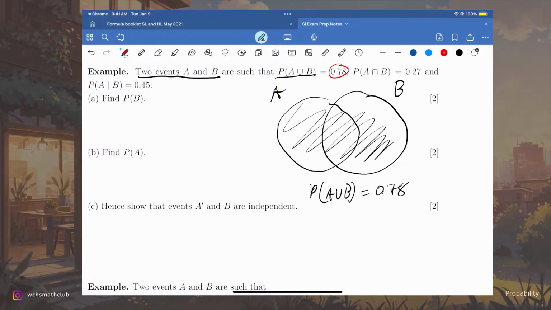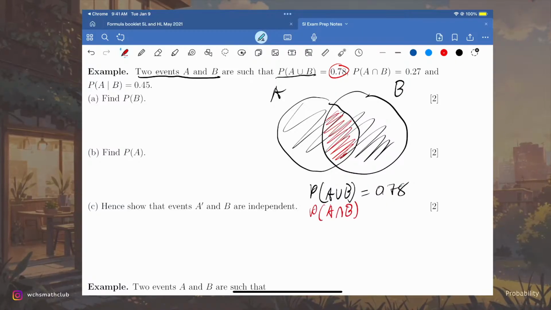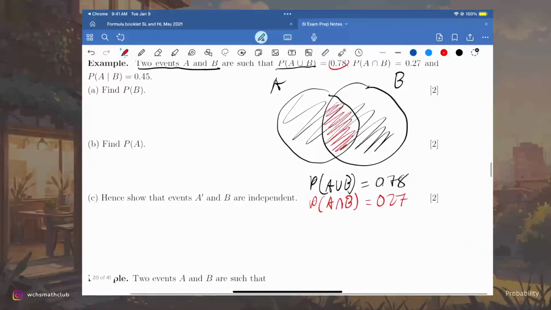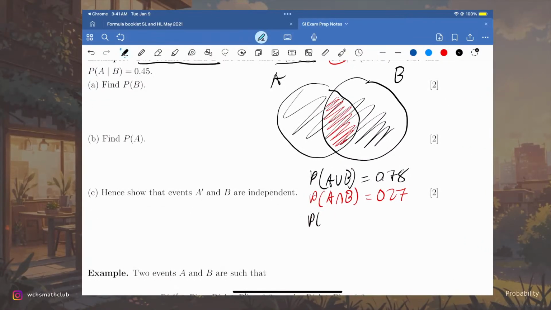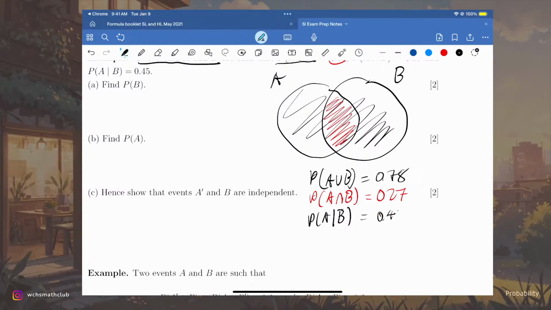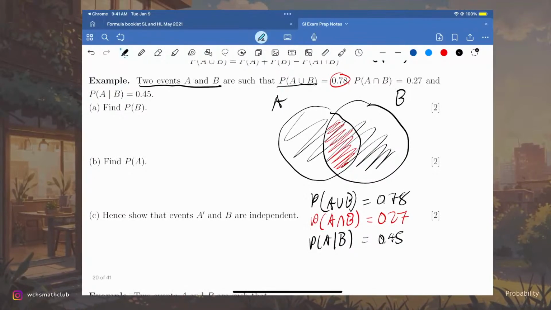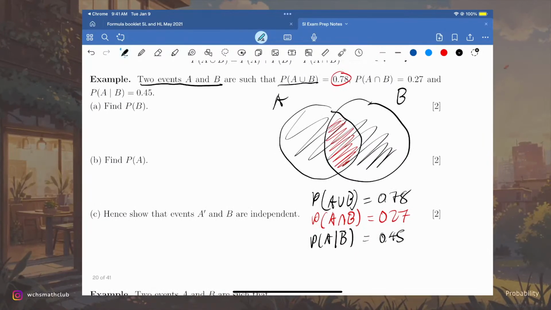Now A intersect B, the middle part over here, is given as 0.27. And then finally we have the probability of A given that B happened is equal to 0.45. Given this information, we're going to first find the probability of B in part A.